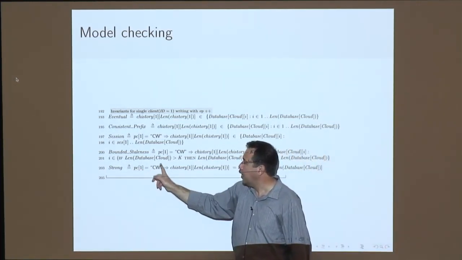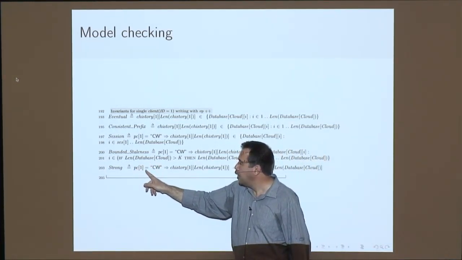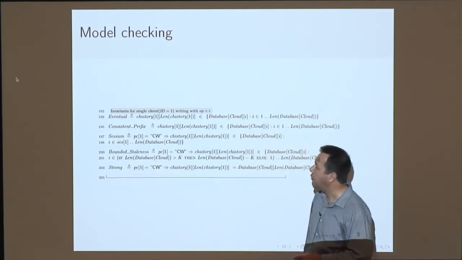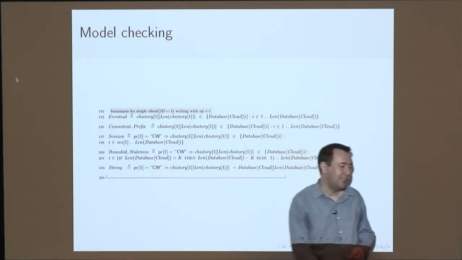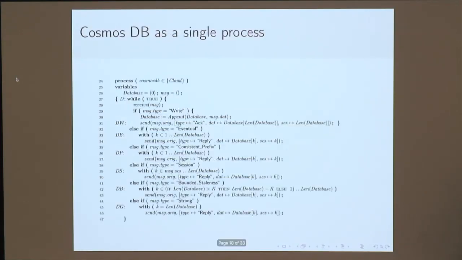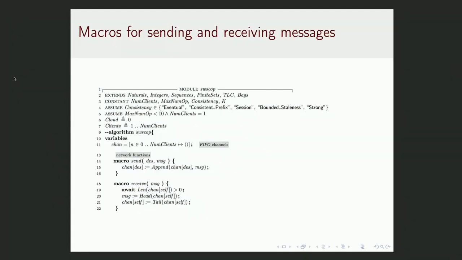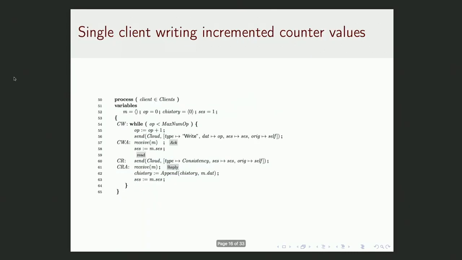But I want to note that this is pointing to PC1 equal to CW. What is this? This is the label. This is basically saying that at the point the client finishes the read, before it starts its new write, I check this.